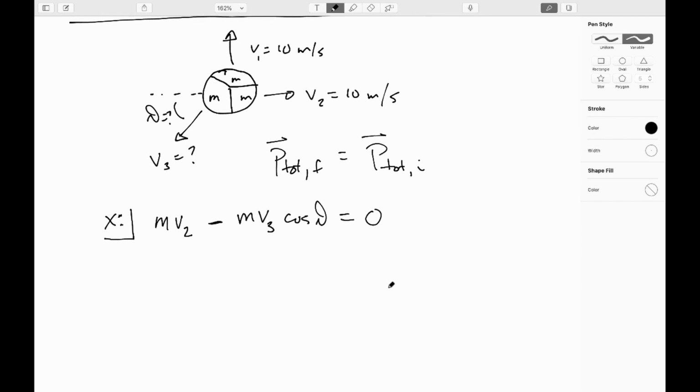And let's do the same thing in the y direction. Piece number 1 is flying straight up, so it's mv1. And this piece has a downward component, so the total momentum would be mv3, but we want this piece of it right here, which is going to give me a sine theta, and that will equal 0.